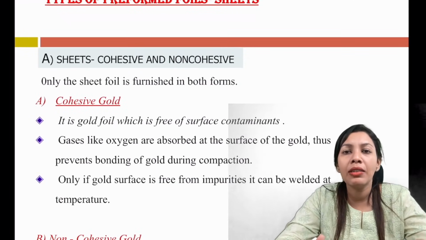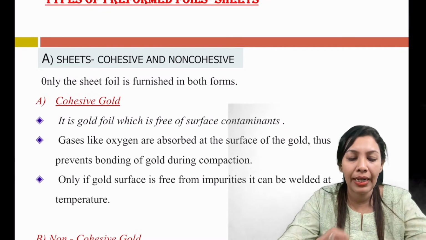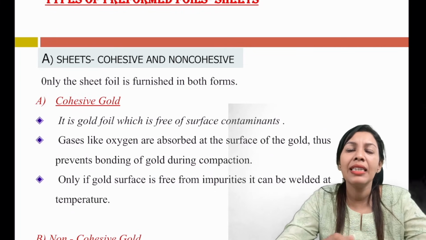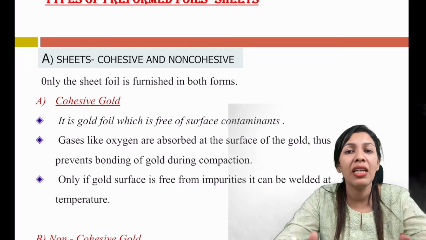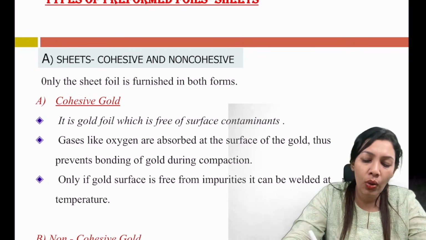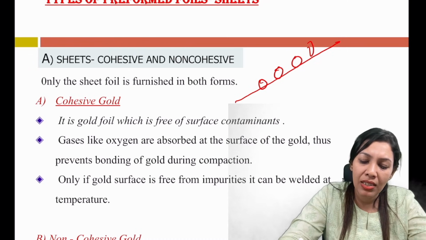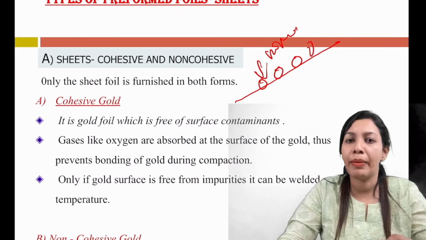Sometimes on the surface of pure gold, some oxygen or some gases get attracted to the surface. There are certain gases which are really difficult to remove, like some non-volatile gases which get adhered to the gold surface. So even after heating, these non-volatile gases won't go from its surface.